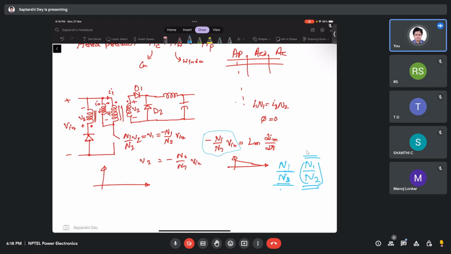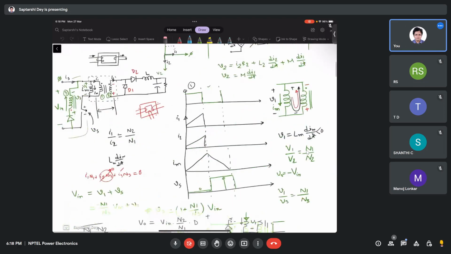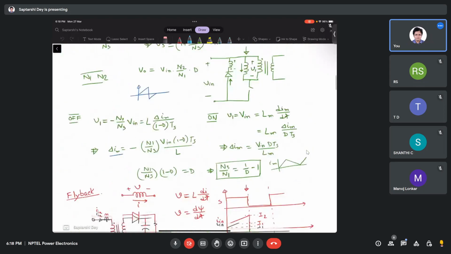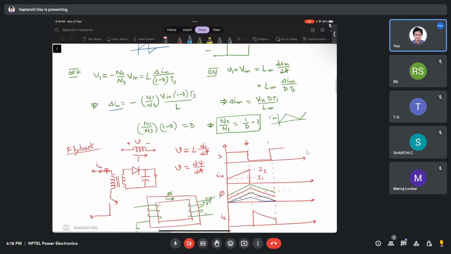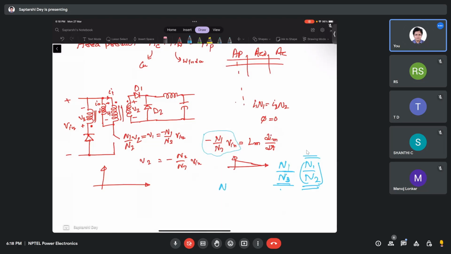Now if you design it exactly at the boundary, this is the boundary that we derived last class, N3 by N1 is 1 by (1/D minus 1). So if you exactly design at the boundary, then how will the flux look? The flux will look like this.